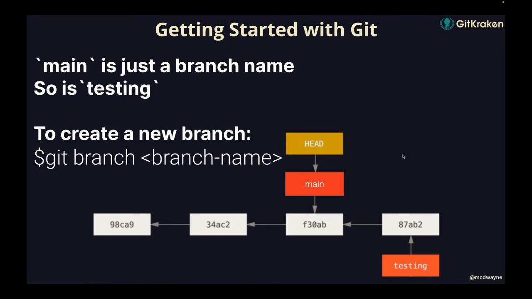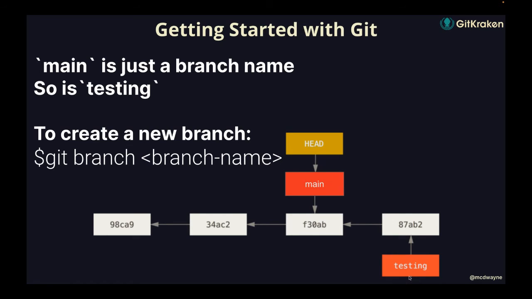But as I mentioned, main is just the name of a branch. It's just, by the way we set our config, the default first one that we set up. If we make another commit and we're still working from Git's point of view in main, then this commit would actually be in the main branch. What's happened here is while we're working here, we said git branch and named it testing, and then it made a testing branch.